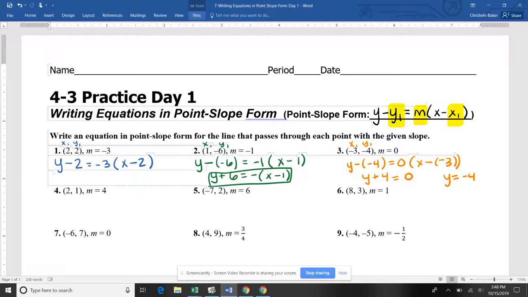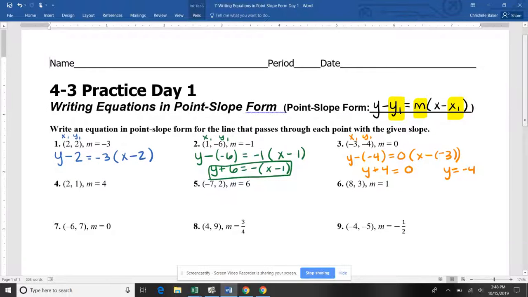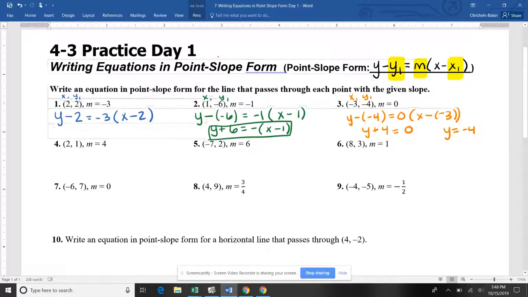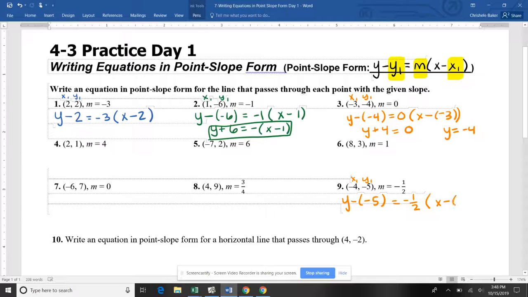Let's skip down to number 9, just where we have some more negatives, just so we can practice what that looks like. So this is x1, y1. We're substituting into our formula. Y minus y1 is equal to m times the quantity x minus x1.